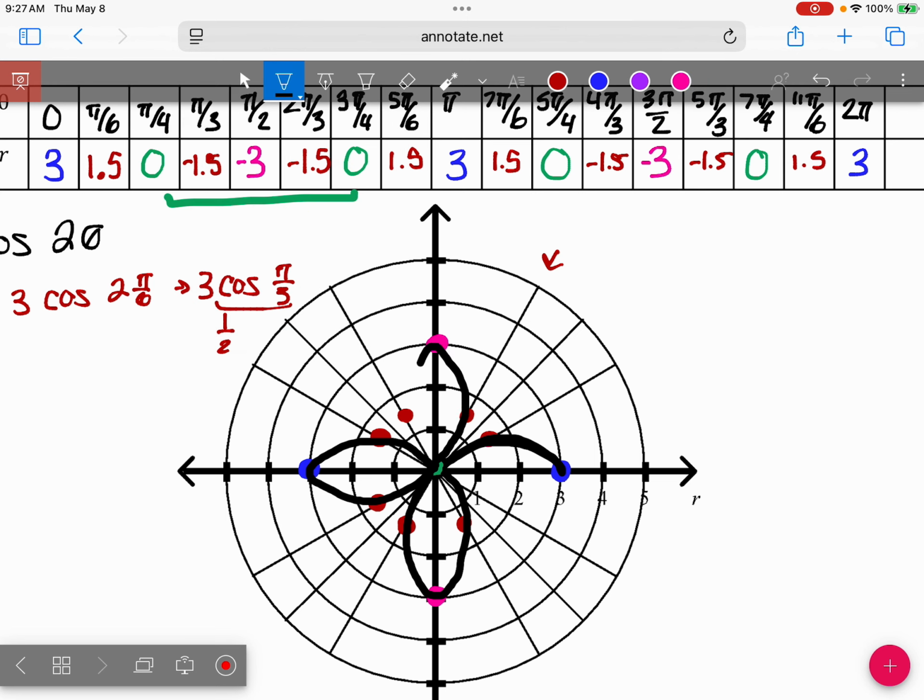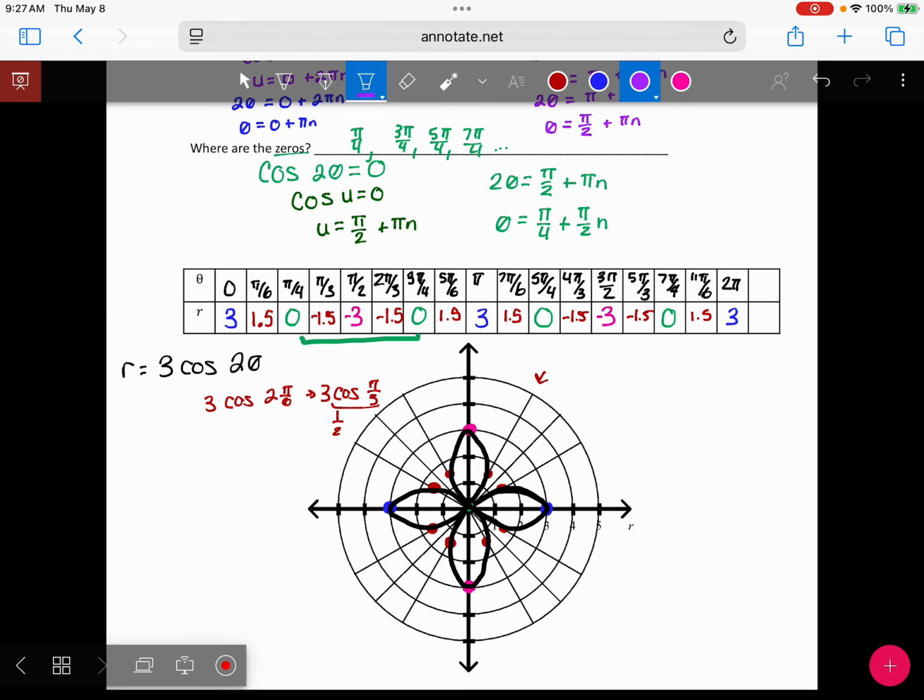So it should be out like that. And then our last point is going to be there. And it will loop around. And we have our flower. We have our rose that has 1, 2, 3, and 4 petals.